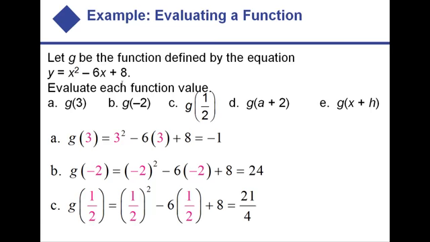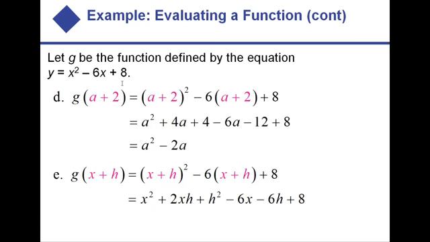Now D and E are going to be a little interesting. So here's D. When we're doing g of a plus 2, you're putting a plus 2, that entire quantity, in for every single x. You see how that's what x was, that's what x was? What I like to tell my students is think of this function as some buckets, right? You've got this bucket here that's being squared minus 6 times this bucket or box, whatever you want.